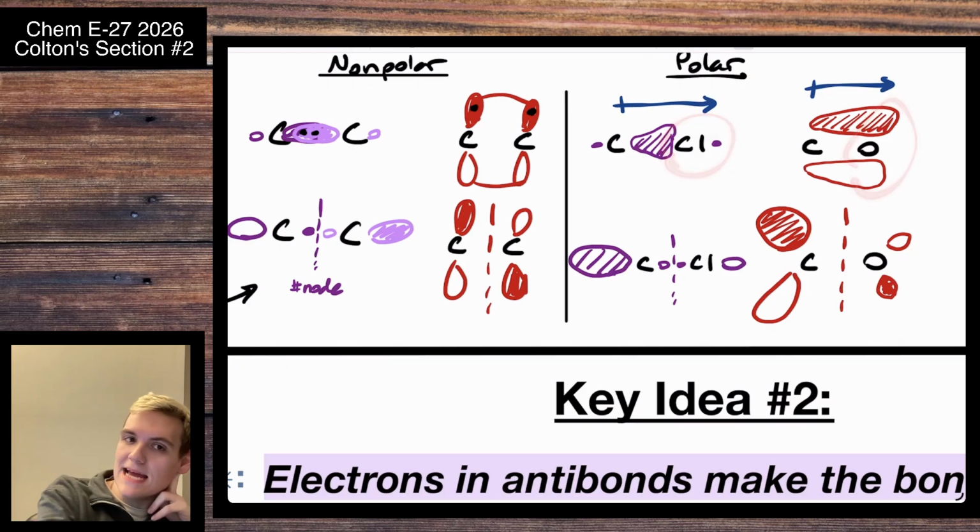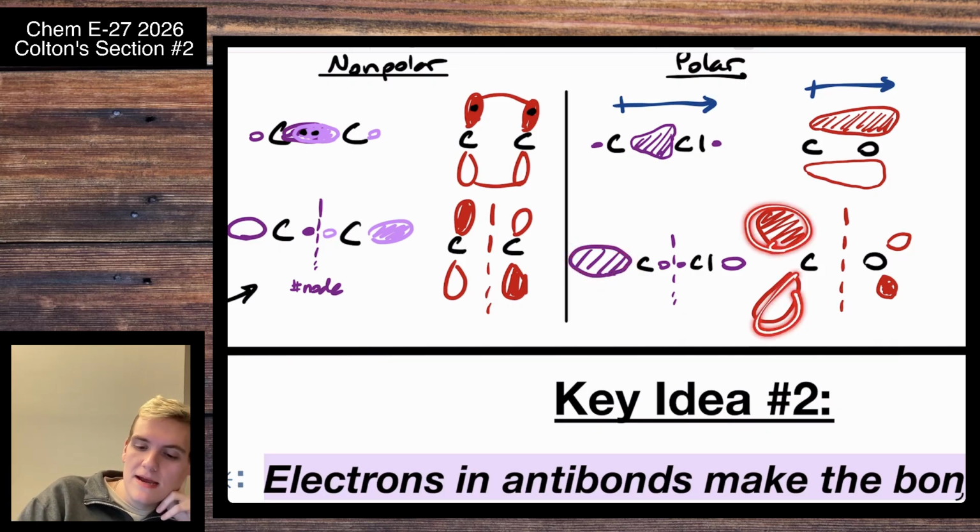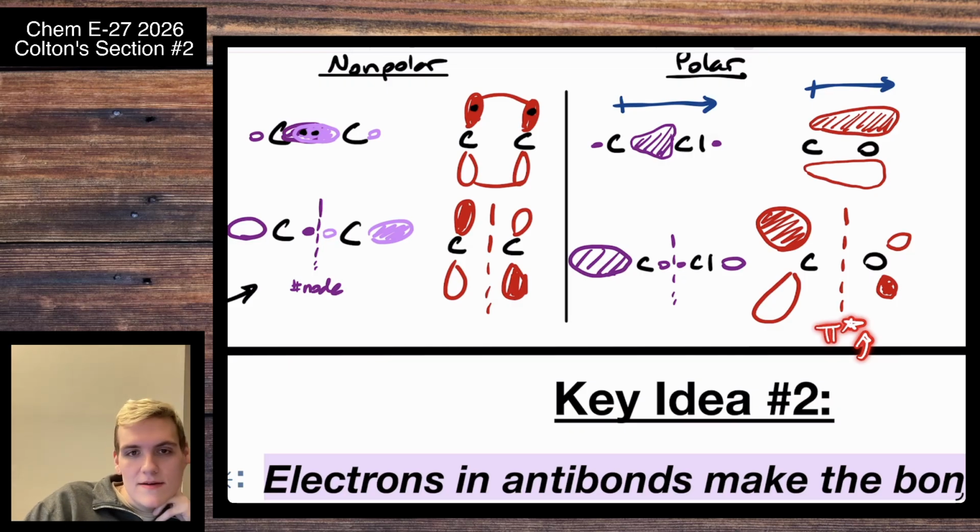But for the antibonding orbitals, we put our larger lobes on the less electronegative element. So here, for a CO pi bond, the pi star, which is how we indicate an antibond with this little star, puts large lobes on the carbon.